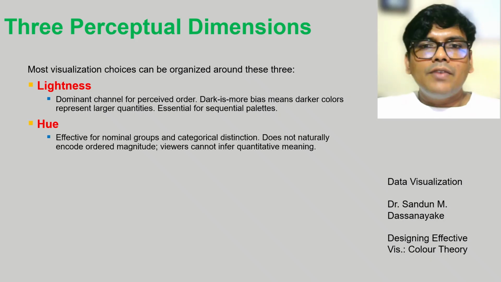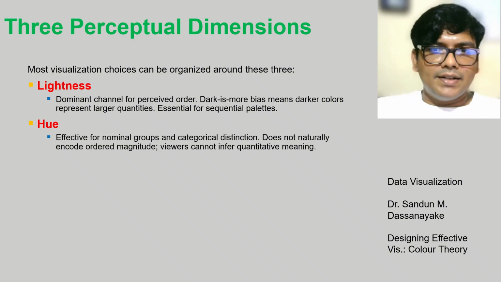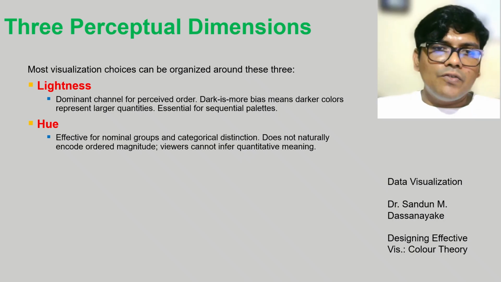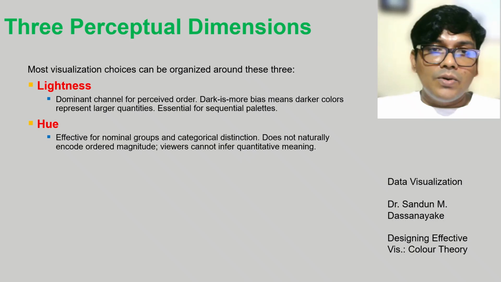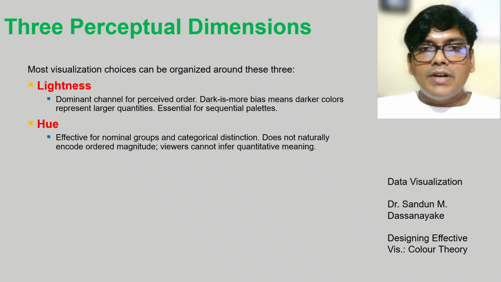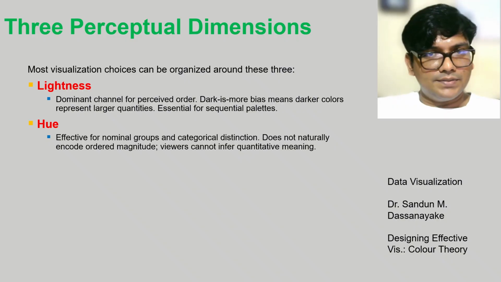Hue is what most people think of as color: red, blue, green, yellow. But notice what hue fundamentally cannot do. It cannot encode quantity. Viewers have no shared sense of how much more blue something is than green. Hue is for categories, not amounts.